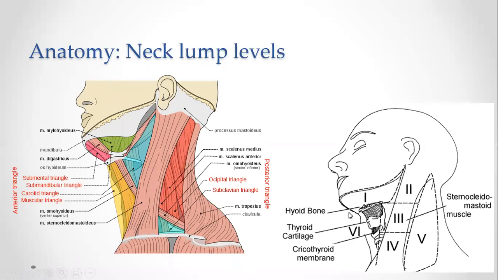For example, in a head and neck cancer patient, we need to consider which level of lymph nodes should be removed, whether it is a level 1 or level 2 clearance, or level 3 or level 4, like that. So it is useful. In daily practice, we use this type of classification, the levels of the neck.